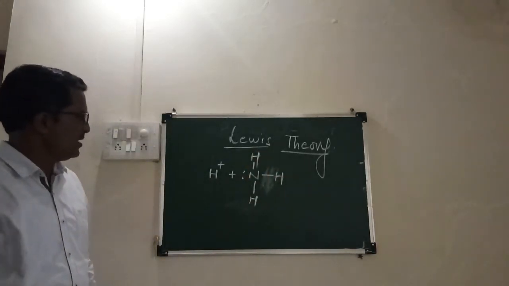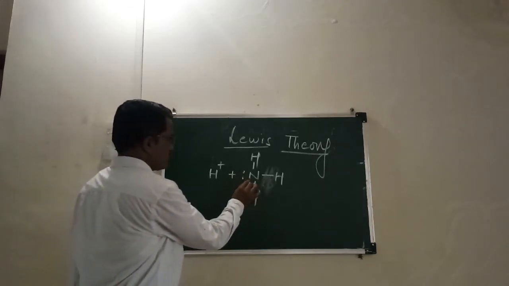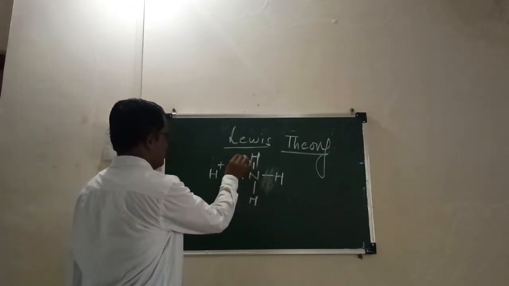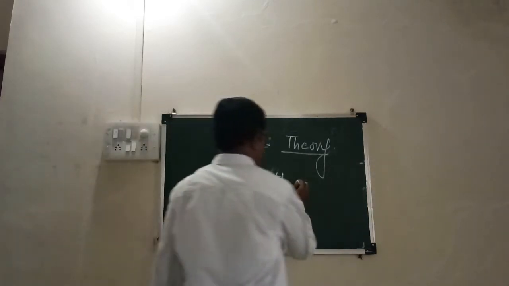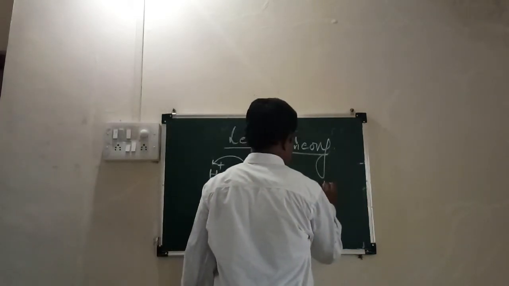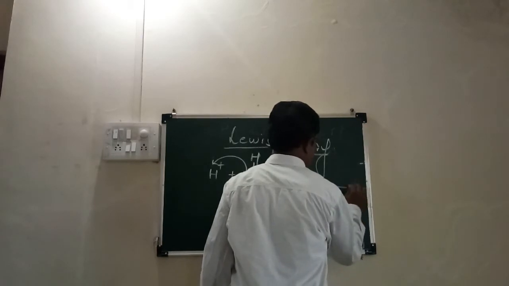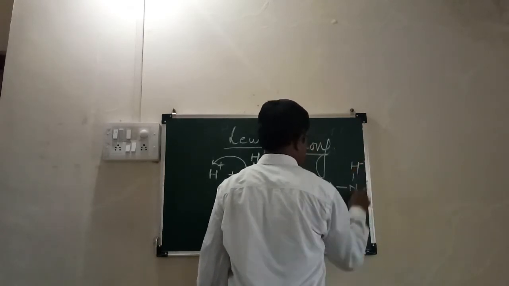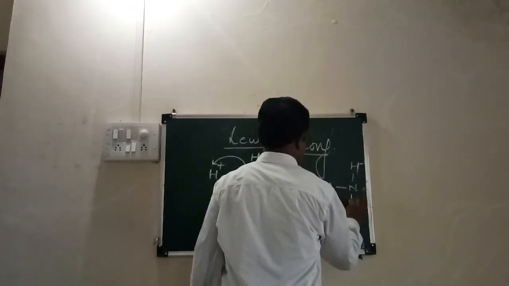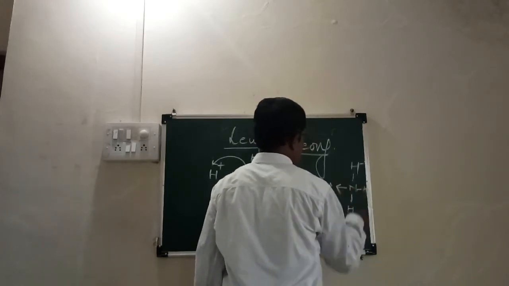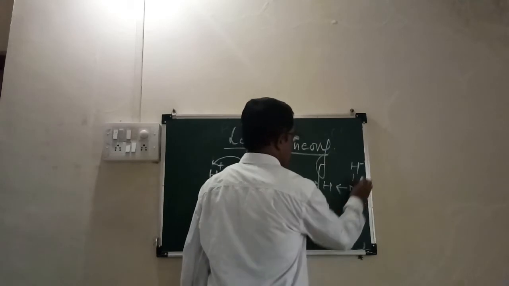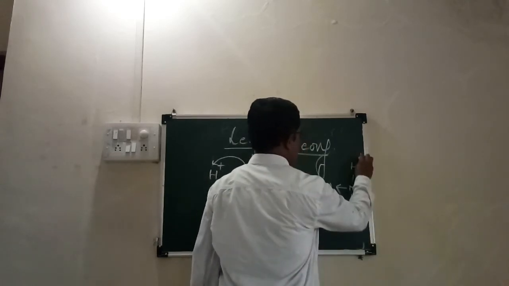This lone pair of electrons present on the ammonia can be donated to the H plus ion from the acid, and then there is a formation of such a compound, that is NH4 plus: N with four H, and a coordinate bond is formed, and there is a positive charge.